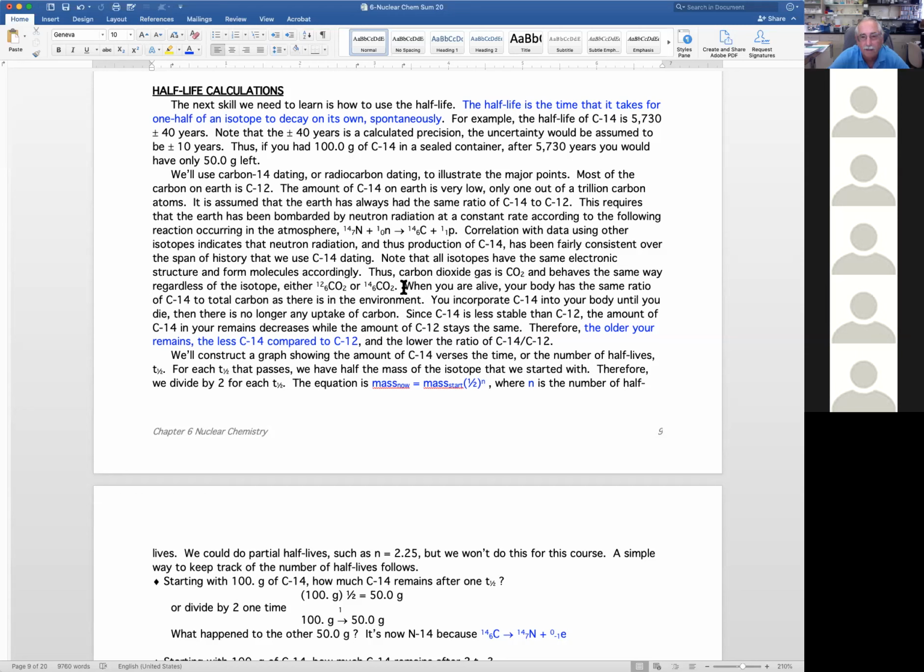So the amount of carbon-14 in your remains is going to decrease because of the half-life, and the carbon-12 is going to stay about the same. So the older your remains, the lower the ratio of carbon-14 to carbon-12 is.